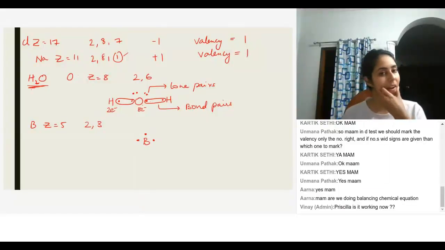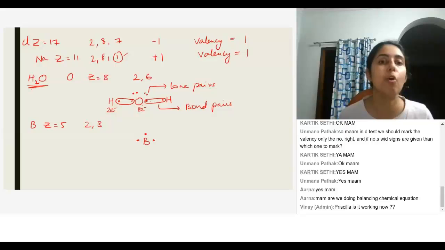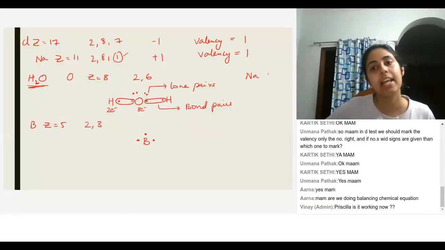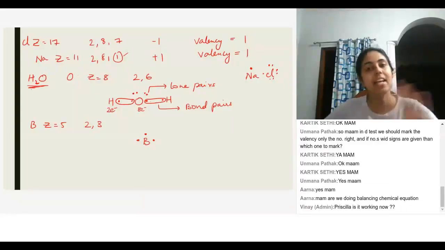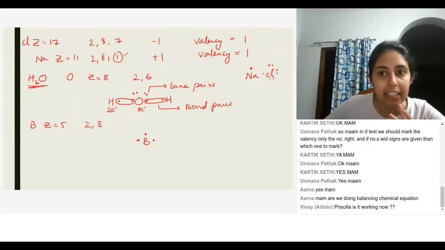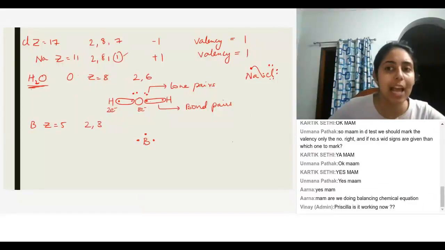Okay, ma'am. Yes, that is the meaning of covalent bond, and ionic bond means transfer of electrons. For example, in NaCl, what is happening? Sodium has 1 electron, Cl has 7 electrons in the outermost shell. So I'm just going to draw the Lewis dot structure. In this, they are not sharing; sodium is transferring to Cl. What will happen if they share?